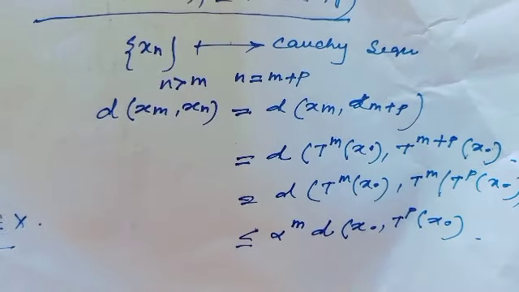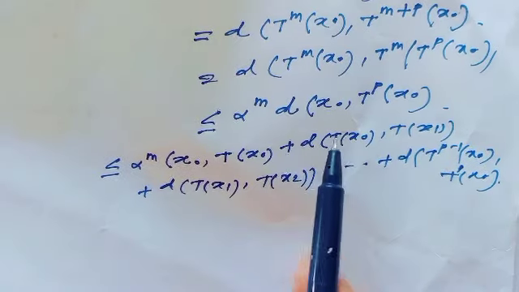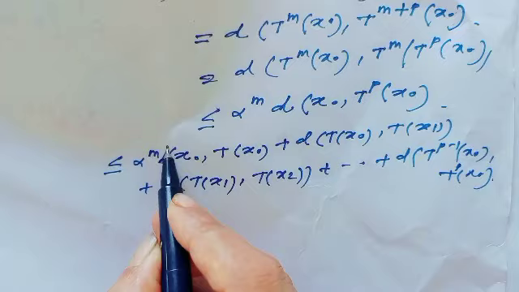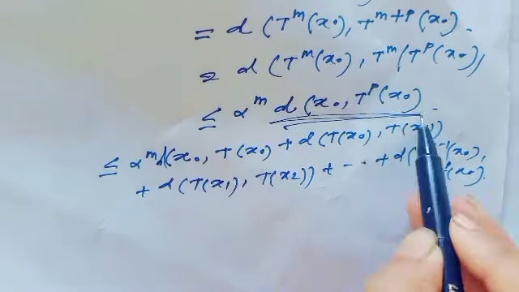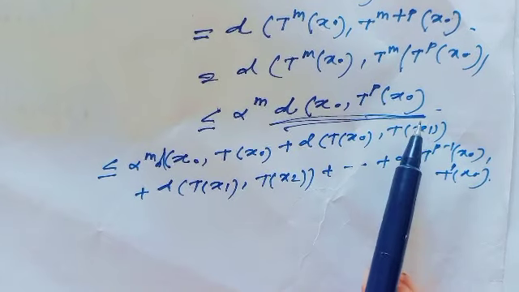Okay, now use the triangle inequality. We can use the triangle inequality this way. Use the triangle inequality here on d of x naught comma T to the power p x naught.